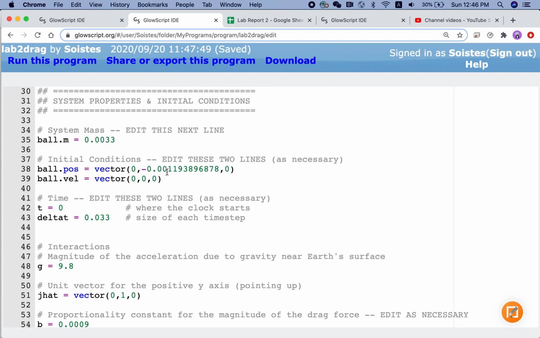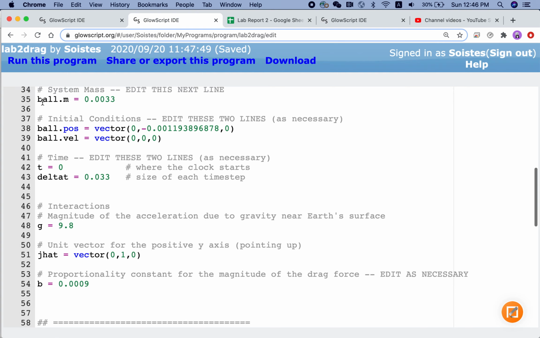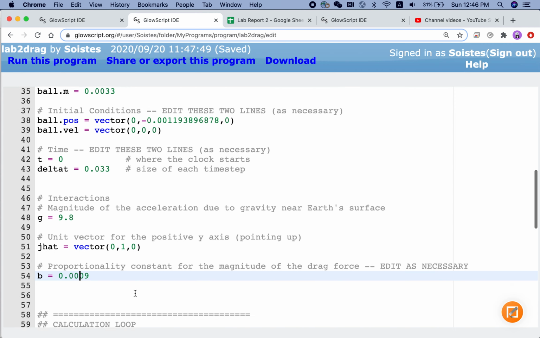And then let's talk about the computer model with drag. I keep the initial condition here, and I change the value of b. I test with different values of b and see for which value of b the computer model predicts the terminal velocity the best.